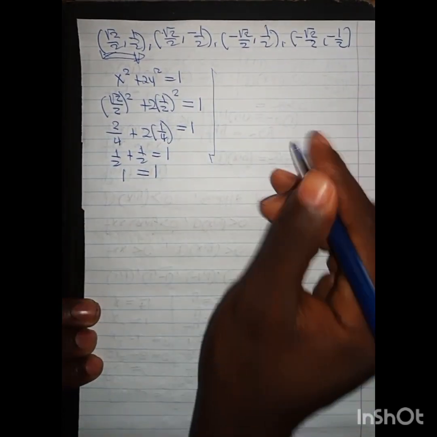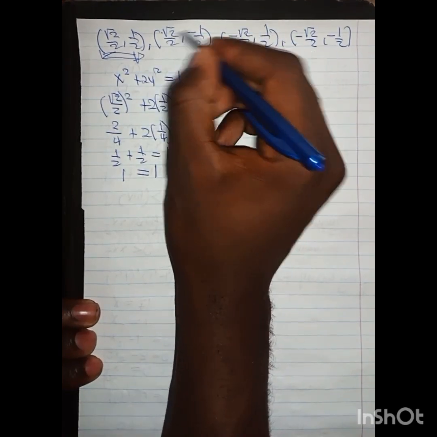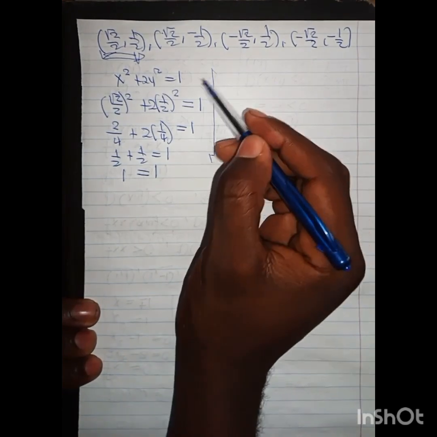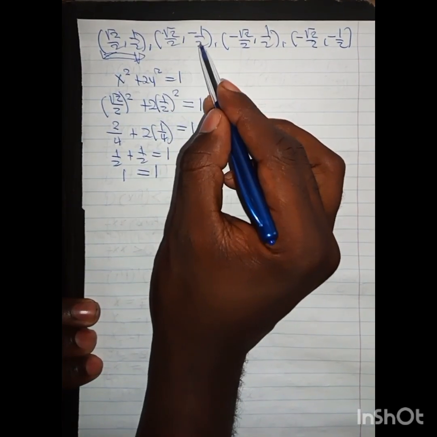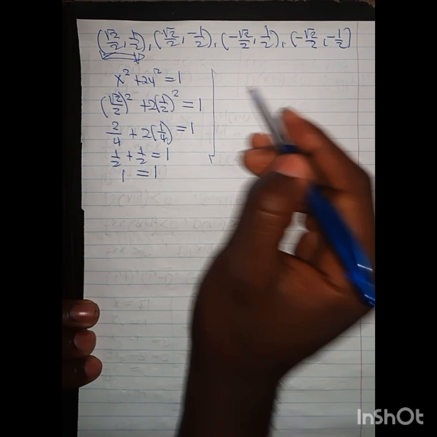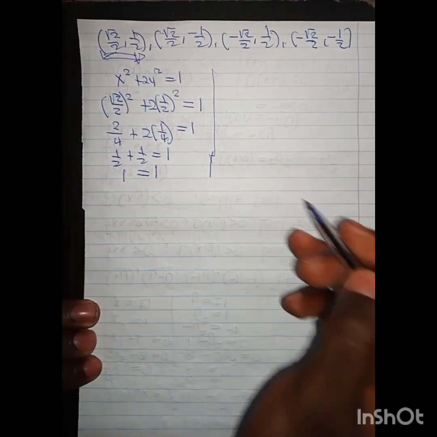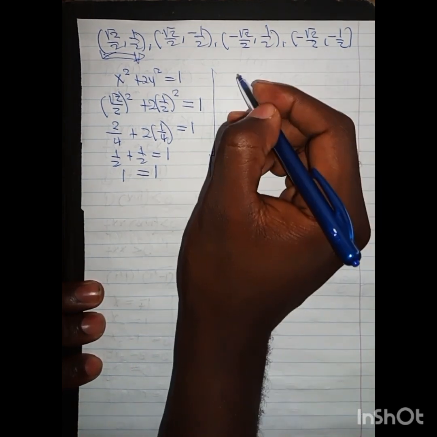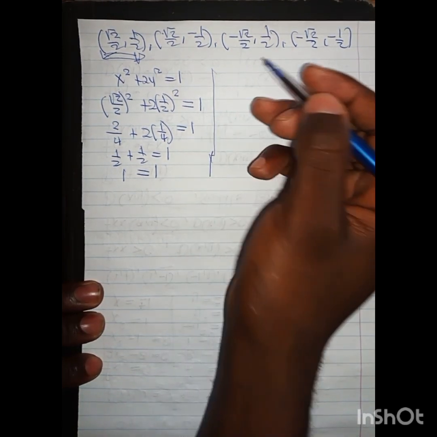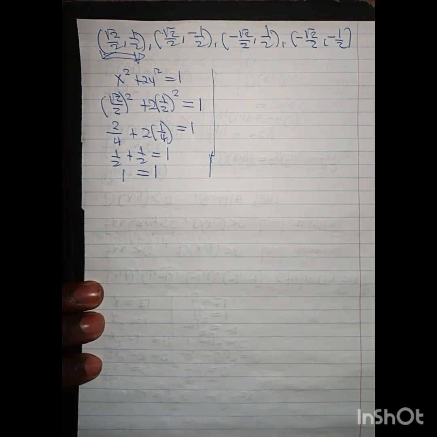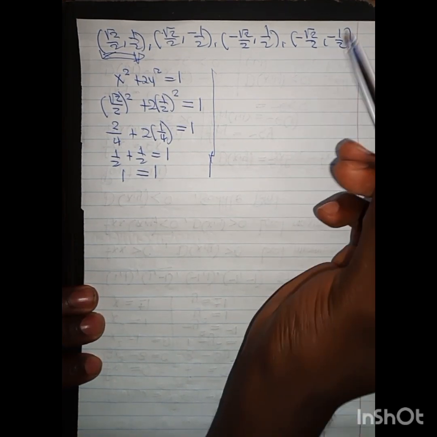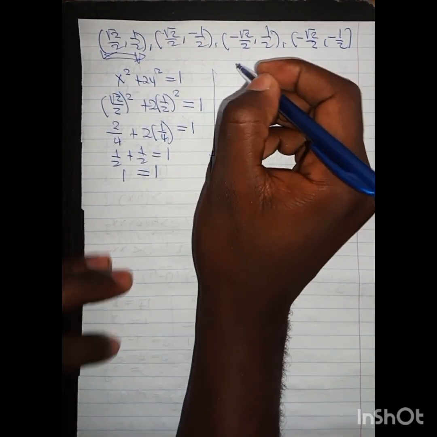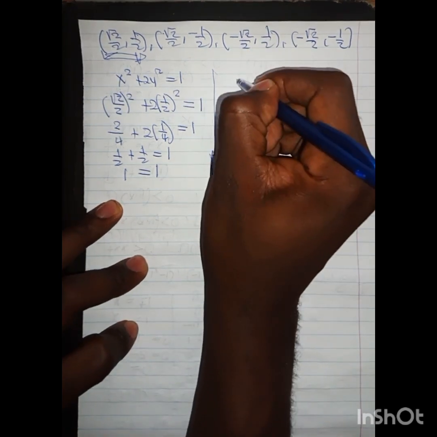Now let's look at the second point. The second point is positive and negative. However, we have the squares. So since we have the squares, whether a point is positive or negative won't matter. What matters is the final answer that we get on the right. So we can clearly see that from here. Now let us take these points.